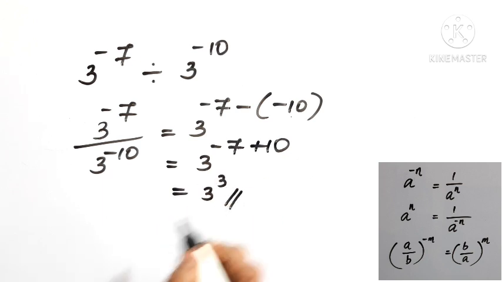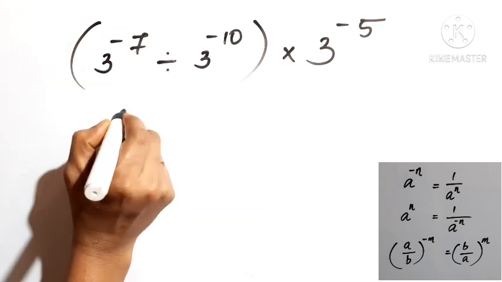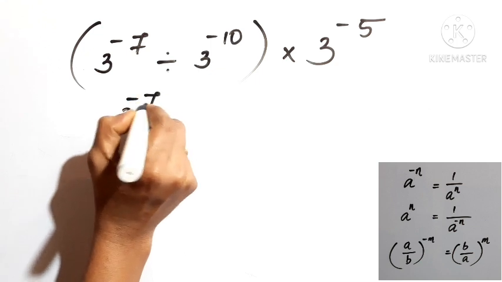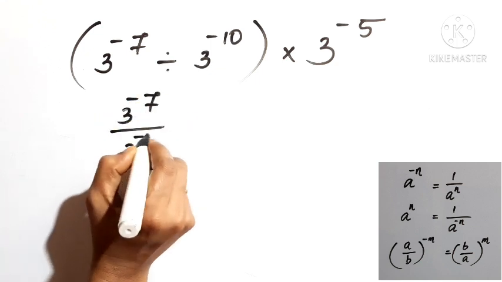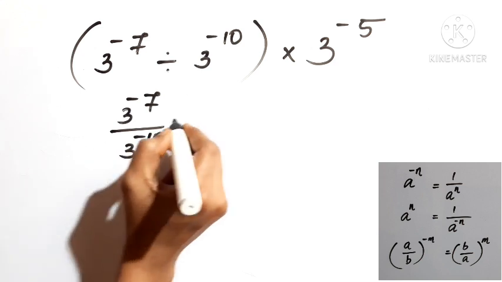Okay? Now we have 3^(-7) divided by 3^(-10), into 3^(-5). Here we can see one bracket. First we should simplify inside the bracket, right? Here 3^(-7) divided by 3^(-10). A^m divided by a^n form, no?